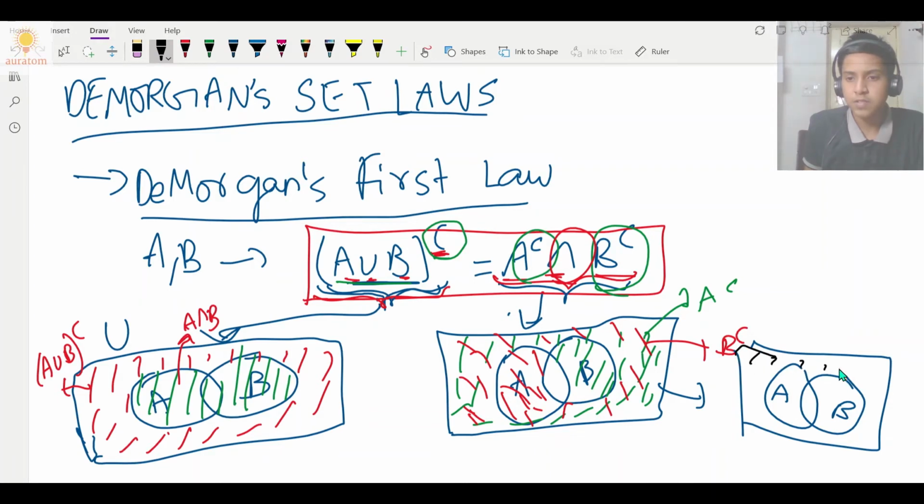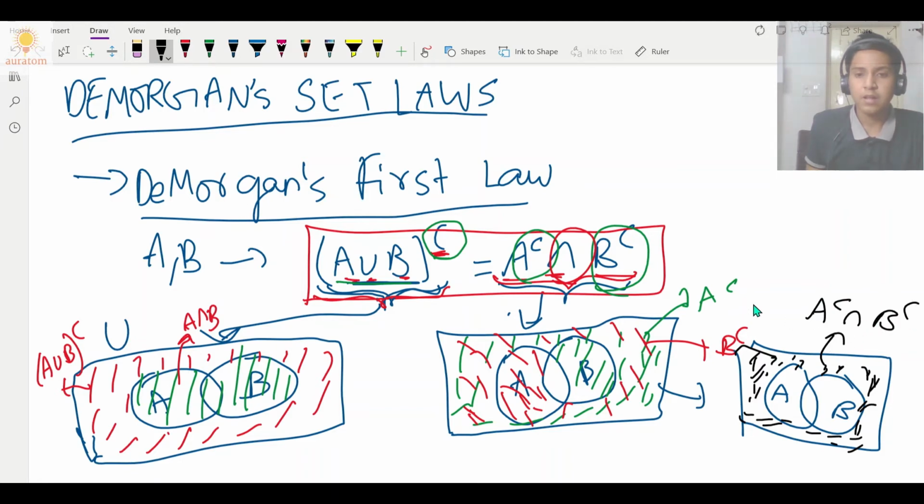So it's going to be this shaded part in black. The common part of the green and red is this part in the universal set, which does not include this A union B part. So it is this part in black here, which is shaded in black. So this is A complement intersection B complement, and this is the right hand side of the equation.